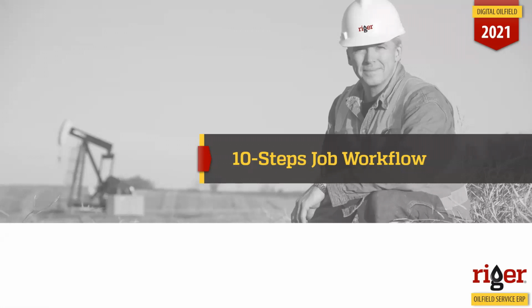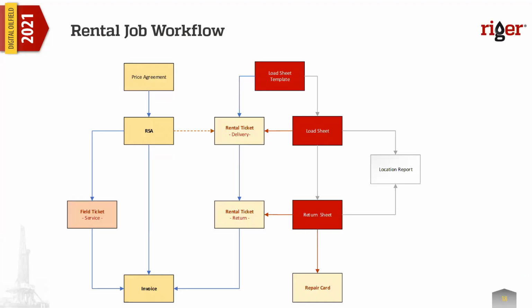Now, let's come to the more practical steps and see how we process this job itself. It's a 10-step job workflow that every frac and flowback company will follow while they are using the RigER software. We usually start with the rental service agreement, and prices are taken from the price agreements that you can also preset for the customers.